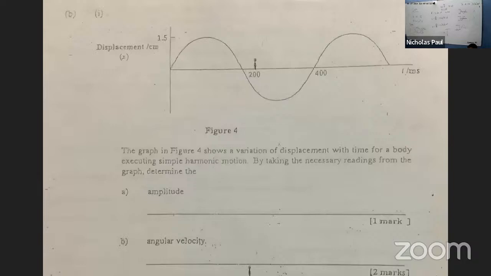How do we know that it is simple harmonic motion? It's displacement versus time, right? And displacement is following what type of graph?